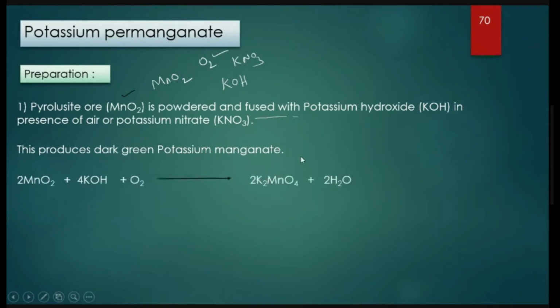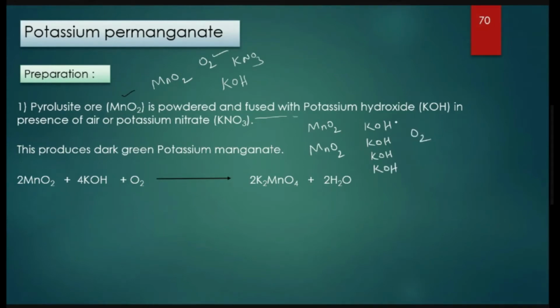So 2 MnO2 plus 4 KOH plus O2 gives rise to 2 K2MnO4 plus 2H2O. Here we have 2 MnO2 plus 4 KOH in the presence of oxygen.